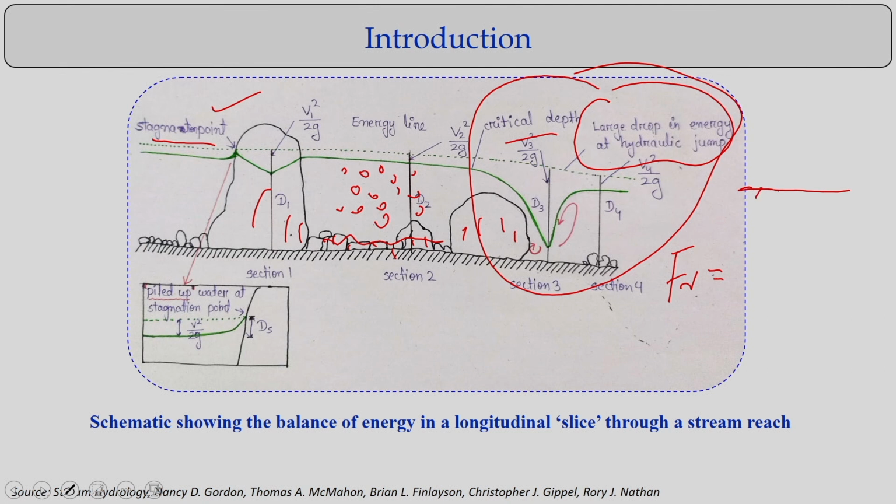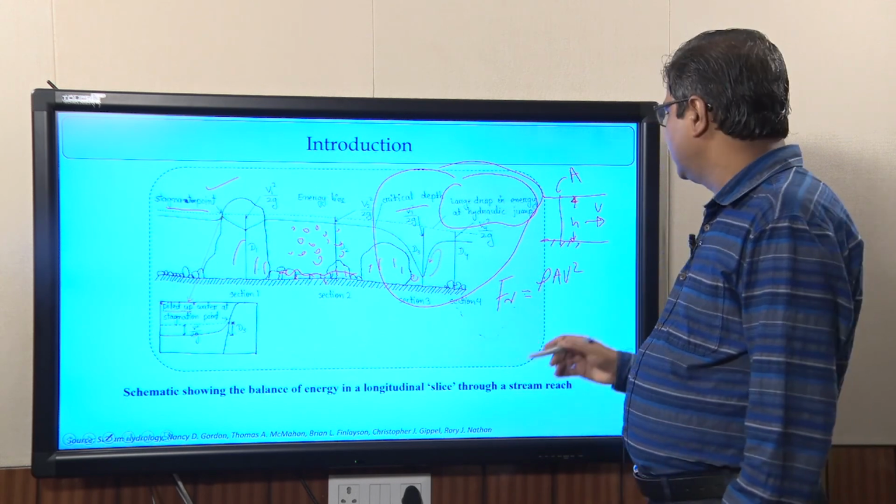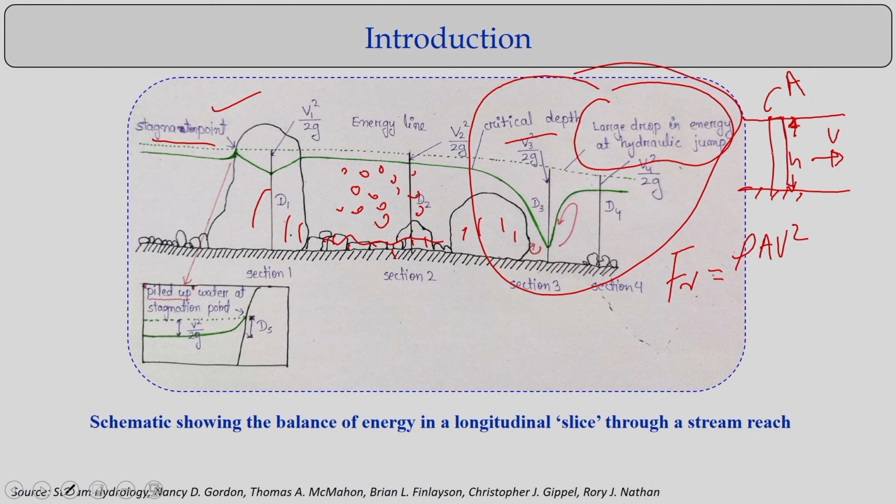Considering a channel having flow depth h, where v is the velocity and the area of the flow is A, the inertia force will be rho A v squared. That is rho times Q, which is the mass flux, times v, which gives the momentum flux, equivalent to the inertia force for a flow of depth h moving with velocity v and cross-sectional area A. The momentum flux is rho A v squared, which is the inertia force, divided by the gravity force.